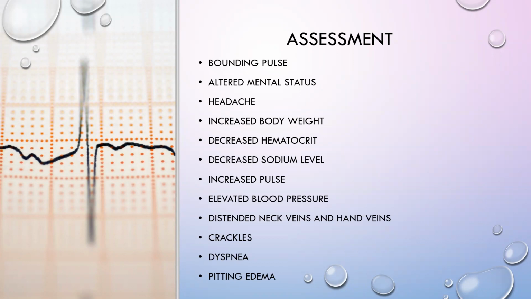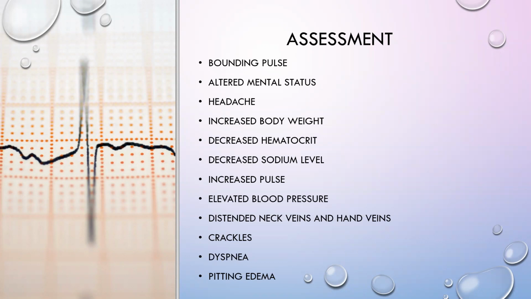The patient will exhibit dyspnea, and they'll have moist crackles on auscultation. Assessing fluid volume excess in the neuromuscular system, the nurse will assess for altered level of consciousness. So they'll have a mental status change, skeletal muscle weakness, headache, visual disturbances, and paresthesia.